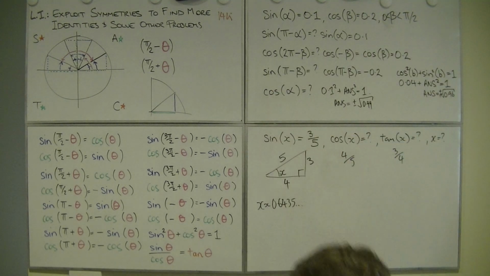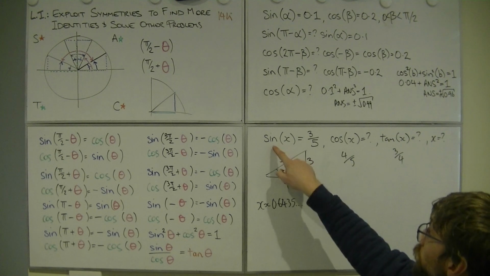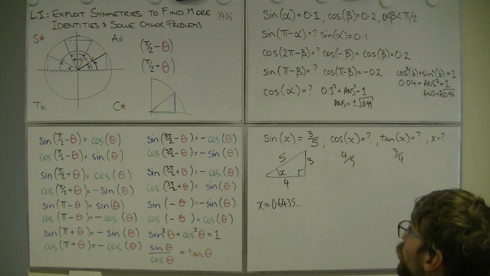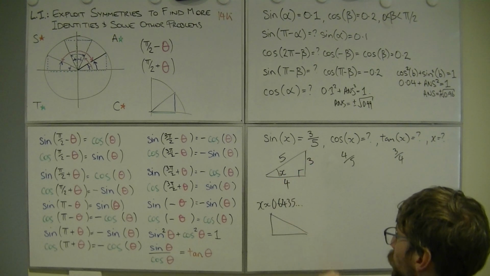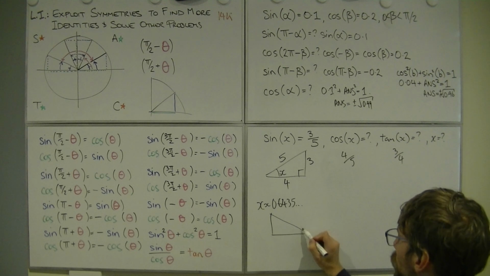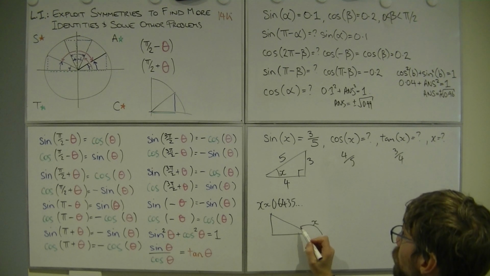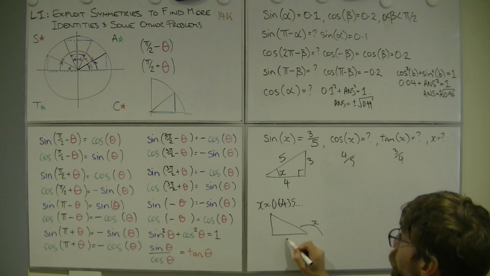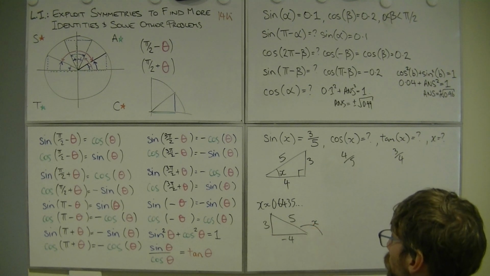Are there other potential solutions for that? All we know is that sine was this. But remember, there's two places where sine can be positive, so this wasn't the only triangle we could have drawn. We could have drawn it in the second quadrant as well, where all of this outside would have been x. Well, that just means that this side is now negative 4, this is 3, this is 5.